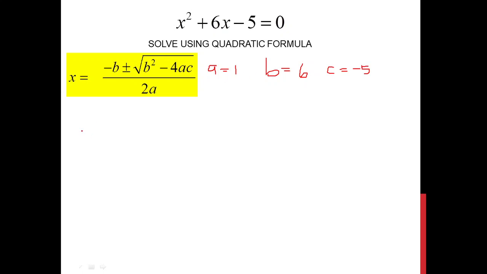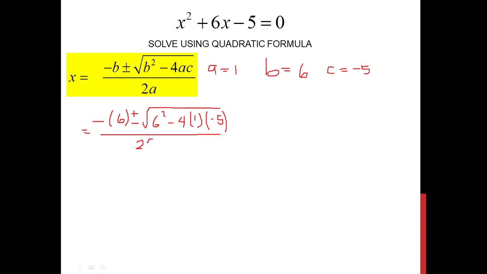Substituting this into our equation, again, please write the negative first, then separate it with a close and open parenthesis for the value of b, which is 6, plus and minus the square root of 6 squared minus 4 times your a, equal to 1, and your c now is equal to negative 5, divided by 2 times your a equals 1.